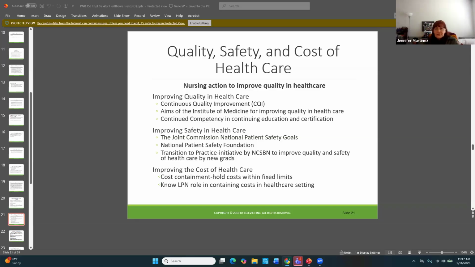A lot of places too will have what do they call, like skills fairs. Like when I worked for CHKD, which is a children's hospital, we had a skills fair every year that we had to go and get signed off on all our skills. Any other organization that I've worked at, there is an annual skills fair that you have to attend to show that you can still perform those skills appropriately and safely.